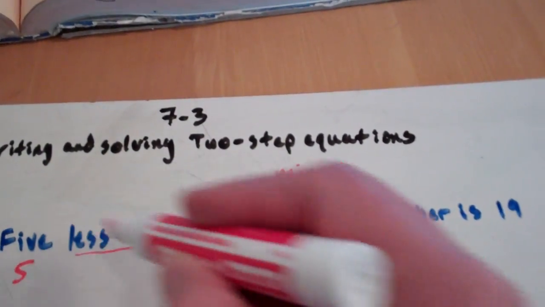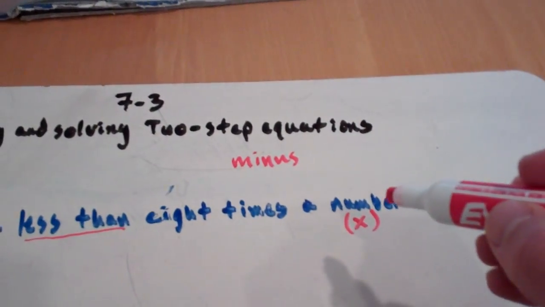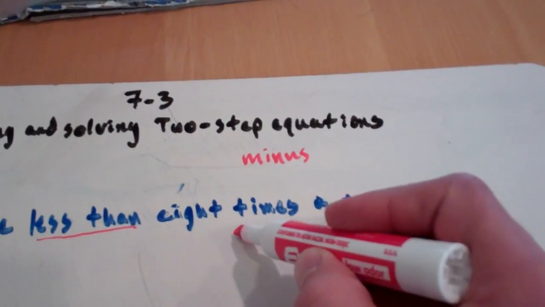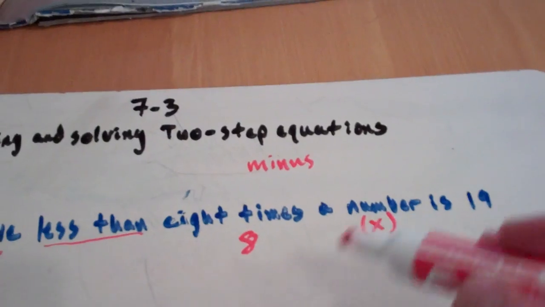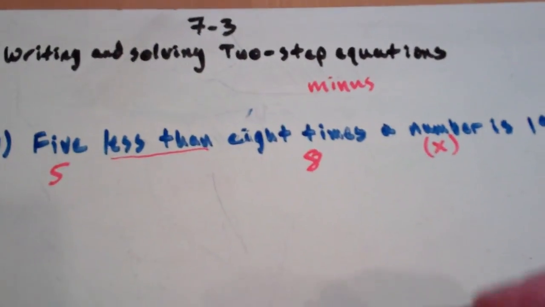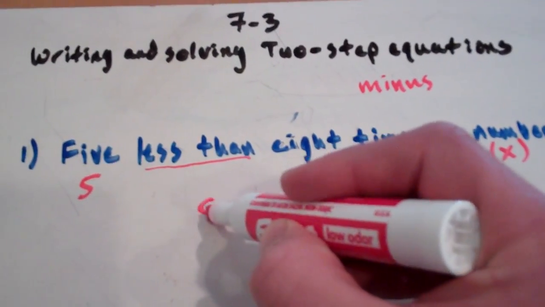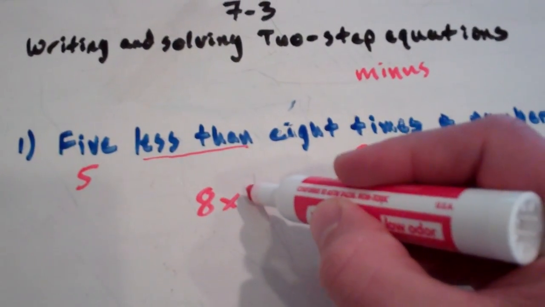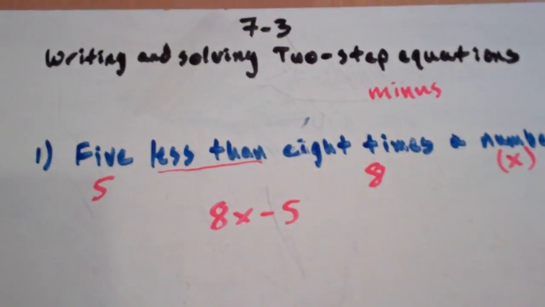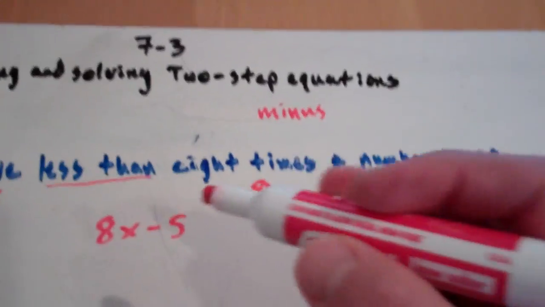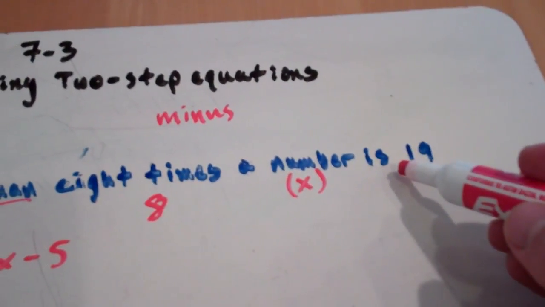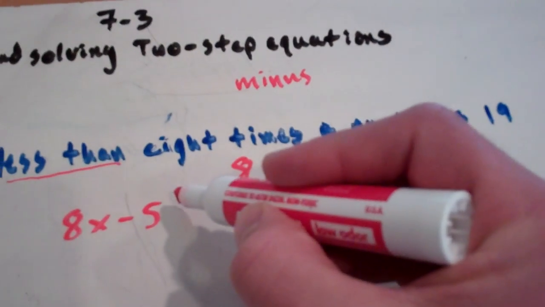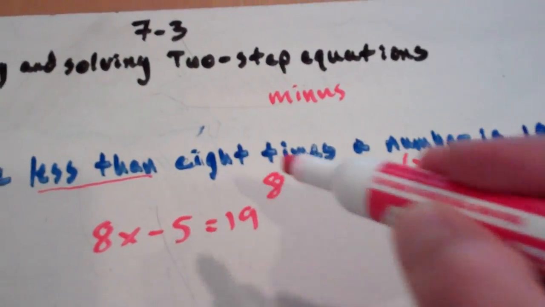So we have a 5, and 8 times a number means 8 times x. To translate it, the 8x comes first, and then we have 5 less than 8x. And it equals, that's what the word is always means, an equal sign, it equals 19.